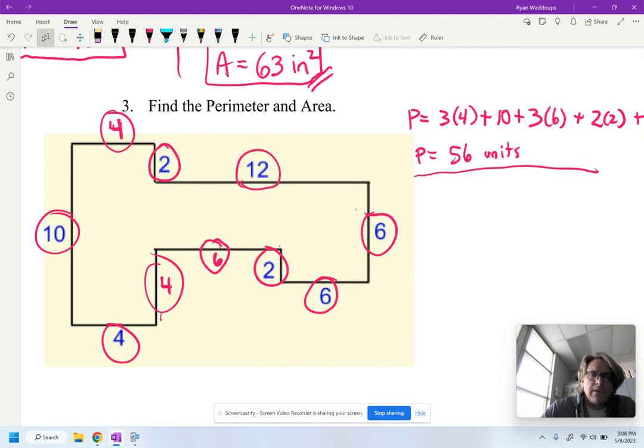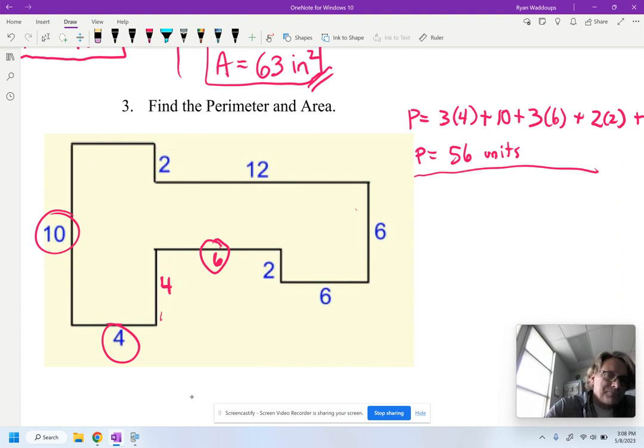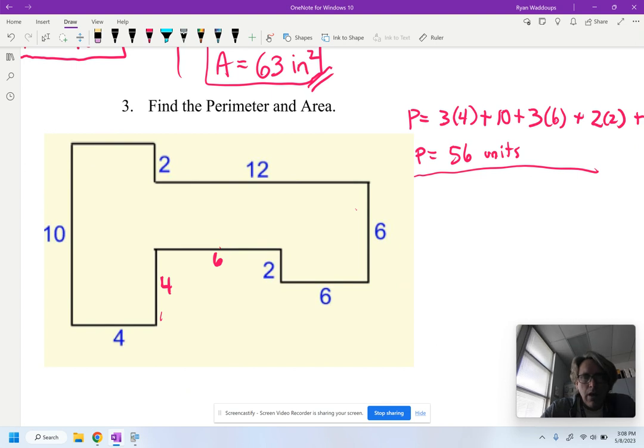All right. For that, I'm going to erase my circles. I'm going to take this, what ends up actually being a square, because it's 6 times 6. So the area of this is 6 times 6, or 36.